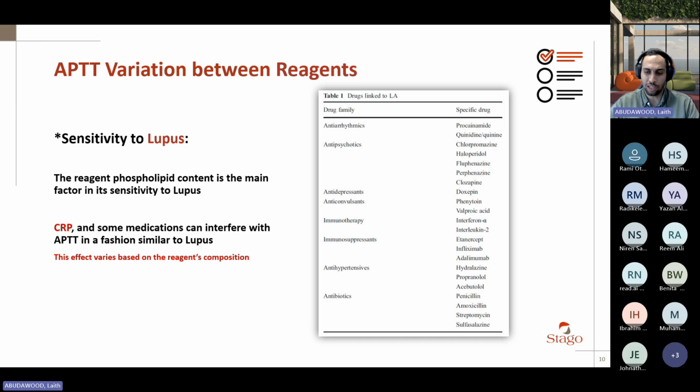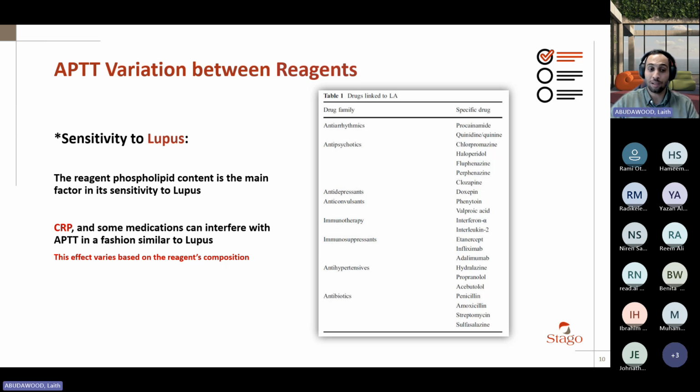We will not go into the mechanism of that. But CRP, C-reactive protein, behaves in a very similar way to lupus. So some people who have a very high level of CRP, who have, for example, severe inflammation, severe infections, their CRP shoots up because CRP goes high with inflammation.